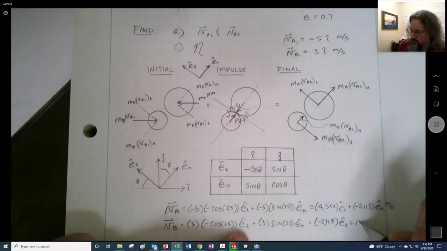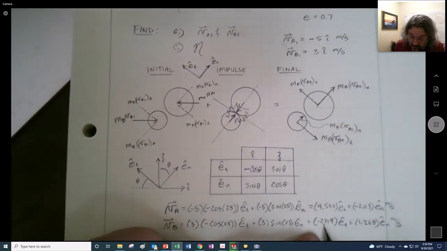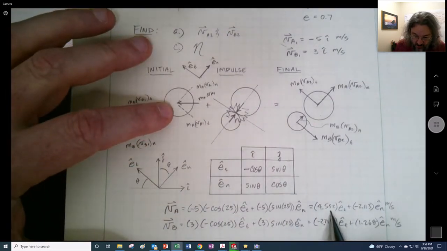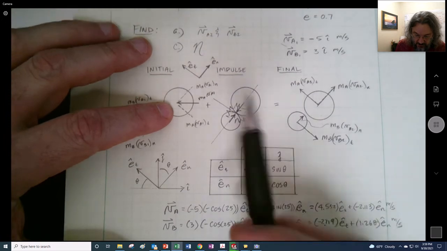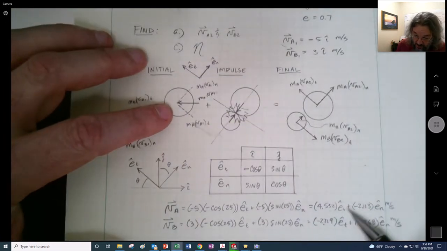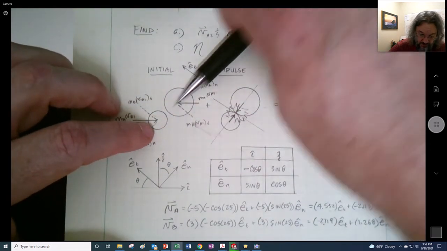When we're done with that, we should check and see that all the signs make sense. We're saying in A that we're going in the positive t direction, this way, right? That sounds right. And then here we're saying we're going in the negative normal direction, so we're coming down that way.